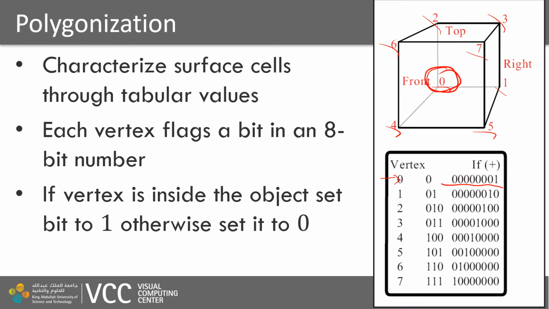So the surface then needs to be defined somehow between these vertices. We don't know exactly where it is, but we know that the surface will probably look approximately like this, because this is already inside, and this is already inside, and this is already inside. So there is not really much more chance for how the surface can intersect this cube. And we can, for each of these bit masks, define what the constellation is. How does the surface look like?